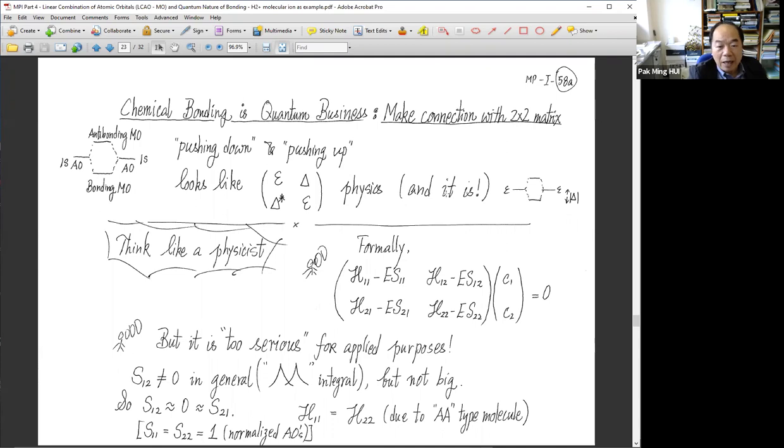Then I would like to go to the appendix so that I can clearly illustrate that this bonding is a quantum business.